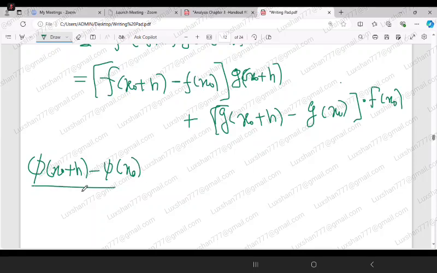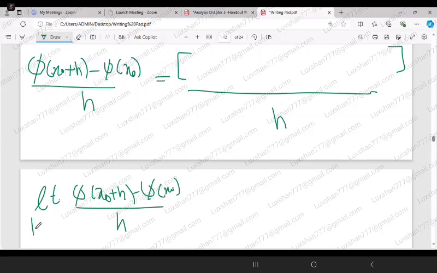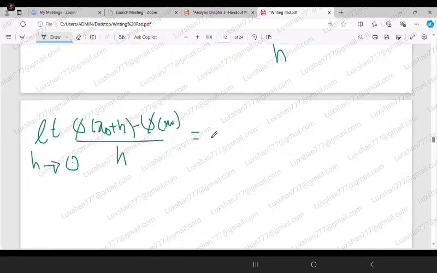Now if I divide it by h, and if I consider the limit, pi of x naught plus h minus pi of x naught over h, that is the definition for pi dash x, h tends to 0, is equal to what? I have limit h tends to 0.